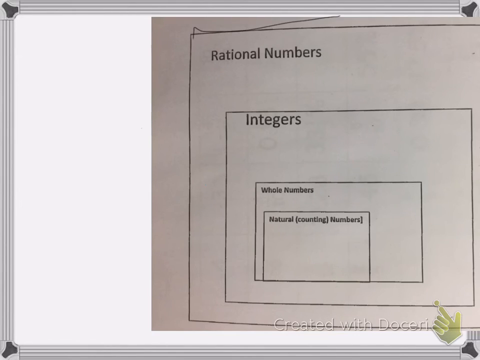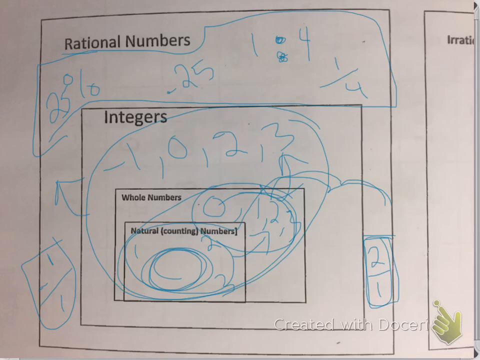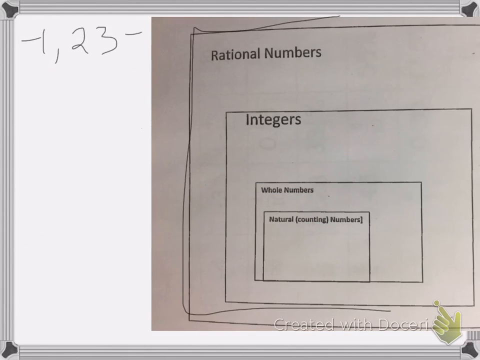So what we talked about is rational, integers, whole numbers, natural numbers. Natural numbers are 1, 2, 3. Those are our natural numbers. Then we've got our whole numbers, 0. Oh, I don't want you to get confused here. That's not a negative one. We've got our whole numbers, 0, 1, 2, 3, and on and on and on.